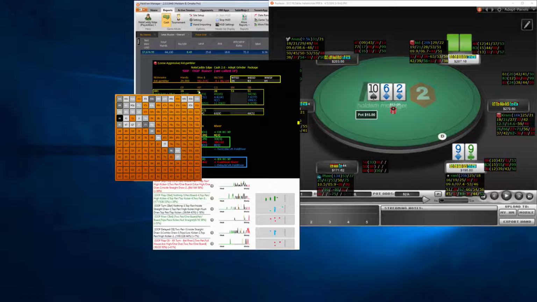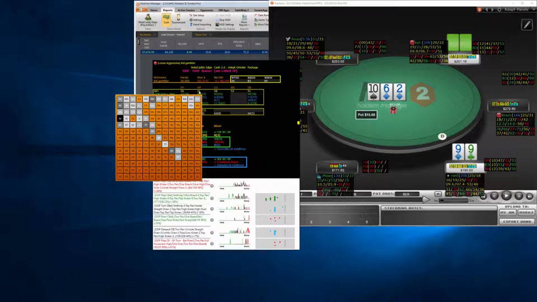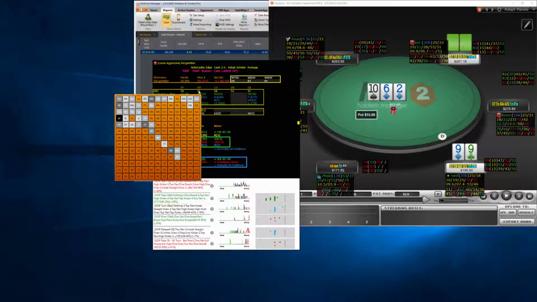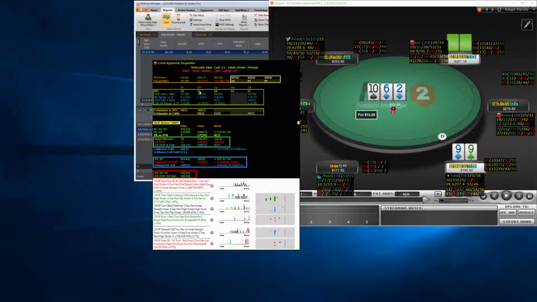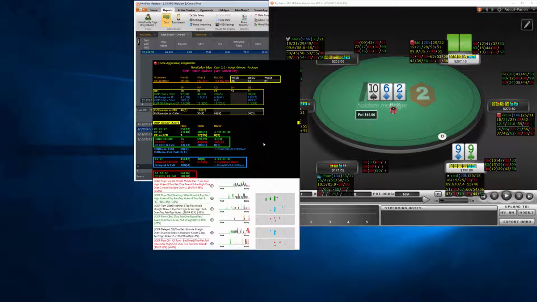So we can attack him on the low boards, but I don't think we can attack him on the high card boards, like, you know, ace 10, 9 or something like that, because he plays every Broadway hand, as we can see, even the offsuit Broadways. So I think it's good to look at these matrices here.